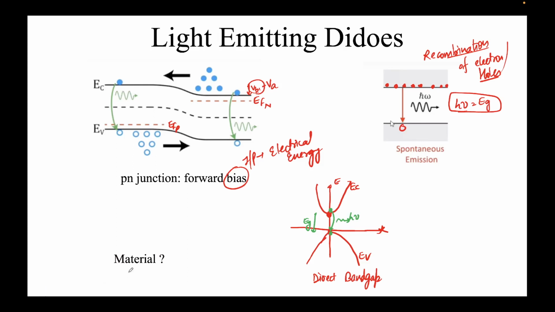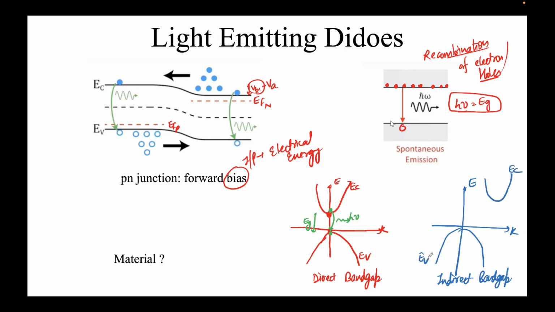Let's do the same analysis for an indirect band gap material. Again, E-K, the dispersion relation. So let's draw the valence band. So this is your indirect band gap. Okay, and what we have here is something like this. This is your Ec, this is your Ev.